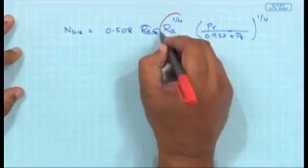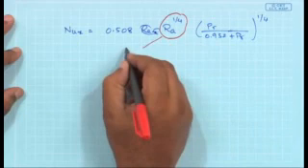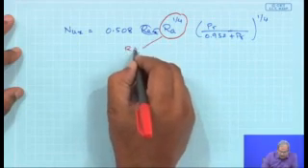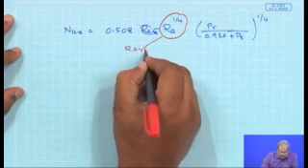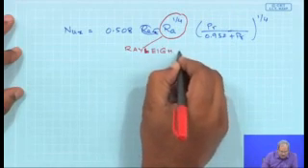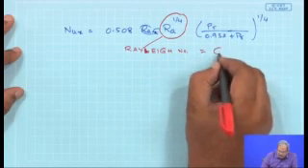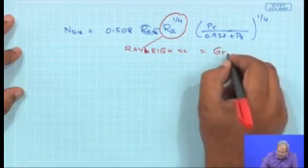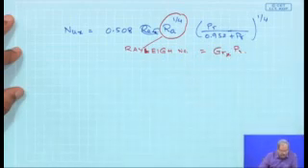This is a new number which is called Rayleigh number, which is simply Grashof number at x times Prandtl number.